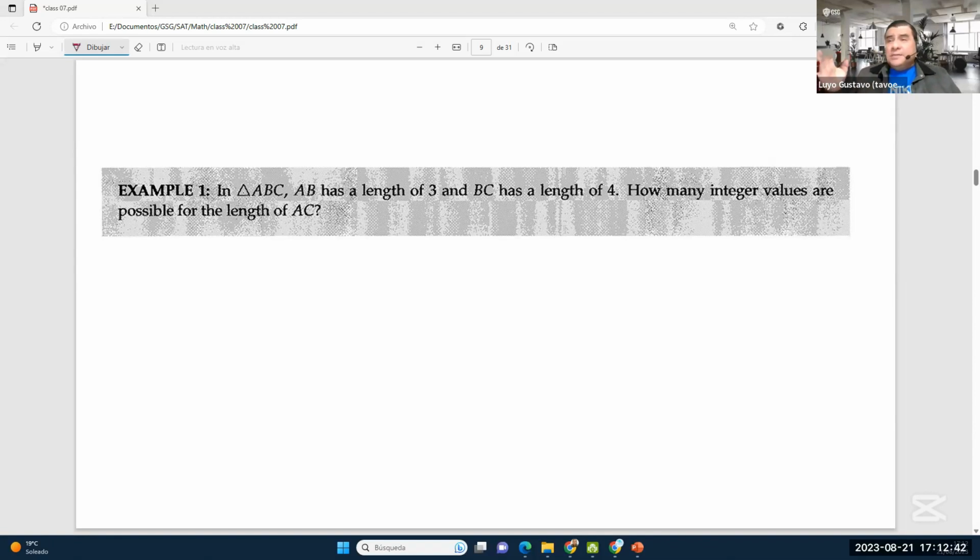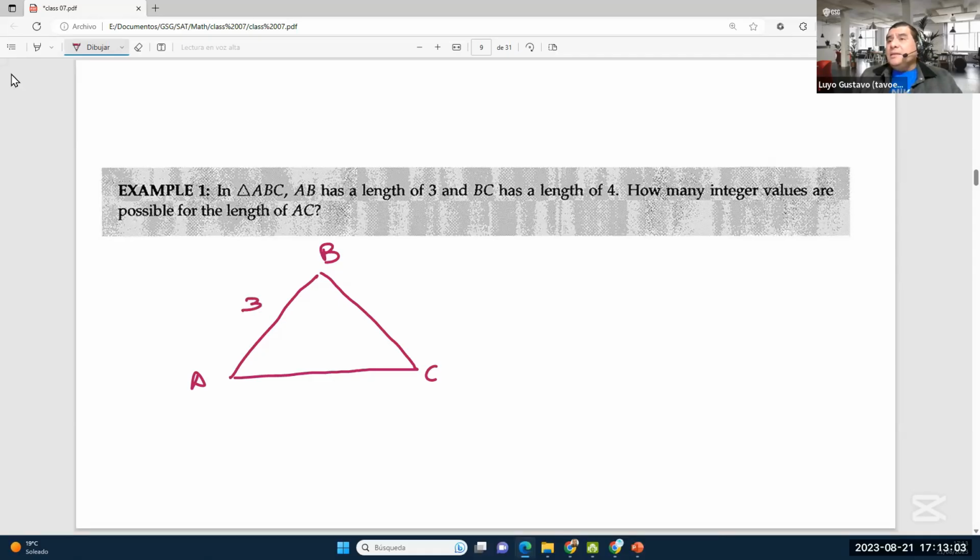Try to visualize the situation, even if there is no diagram here. You have a triangle, something like this, perhaps, right? Just to understand what is going on. Here you have 3, BC is 4, so this is unknown. And you need to estimate how many integer values exist for this length.